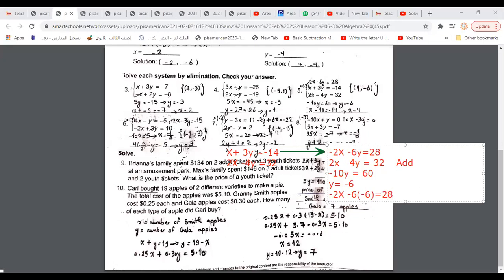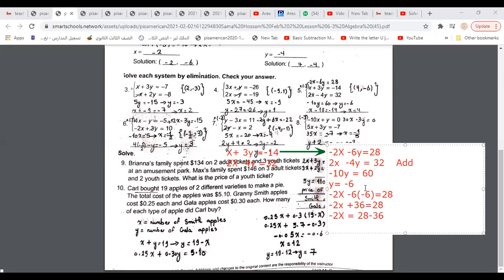Equal 28. Then negative 2x plus 36 equal 28. Negative 2x equal 28 minus 36, it will be negative 8.